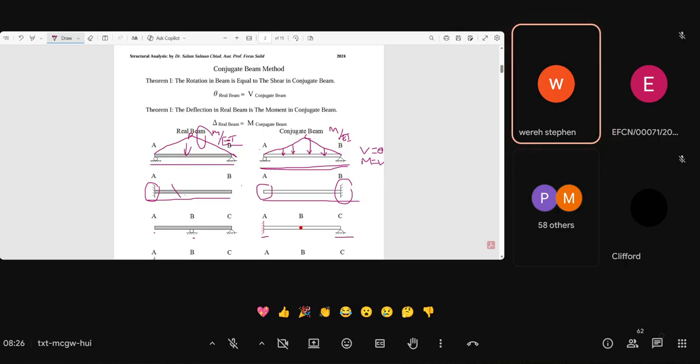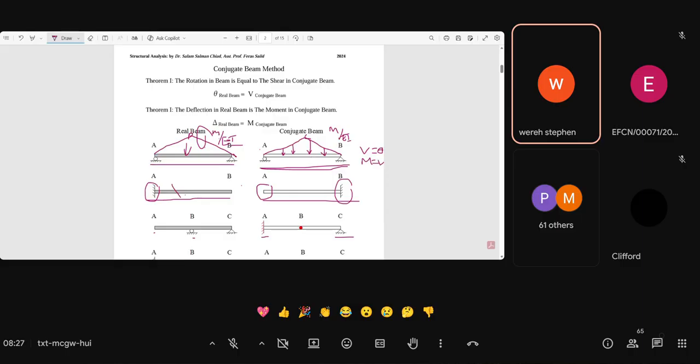This one has been proved. There are other equations that have been used to prove that if you find the shear force at any point on the conjugate beam, that will be the rotation at that place. There are also equations that have been used to prove that if you find any moment at any place on the conjugate beam, that will be the deflection. Maybe I didn't go into that detail very much, but it has been proved by someone else.